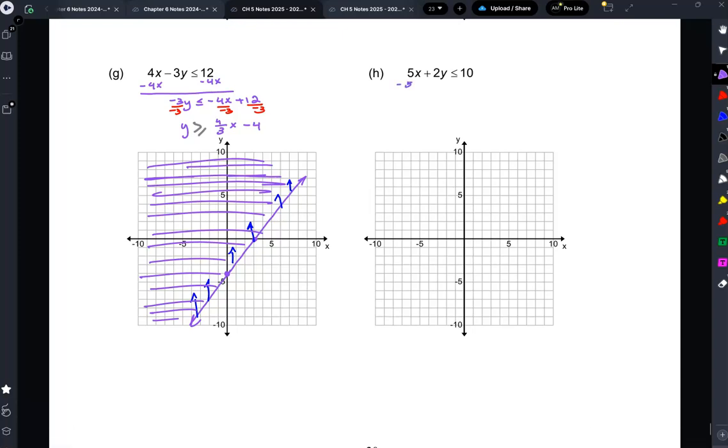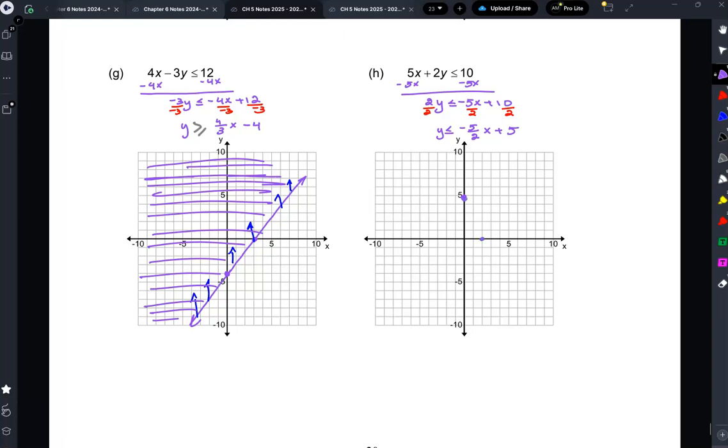Let's subtract 5x. 2y less than or equal to negative 5x plus 10. Divide by 2. y less than or equal to negative 5 over 2x plus 5. Okay, 5 goes here.